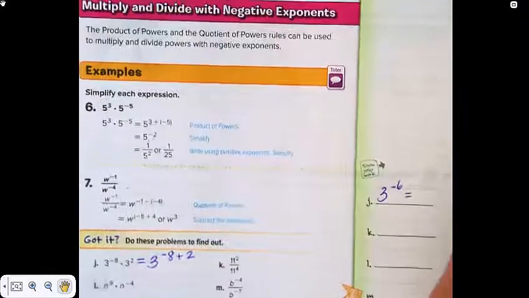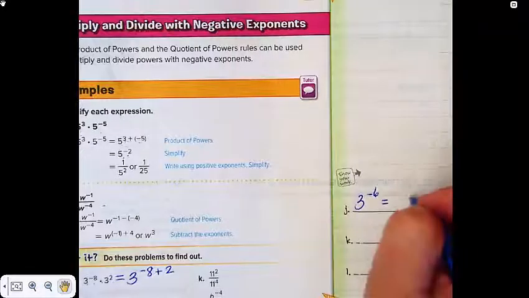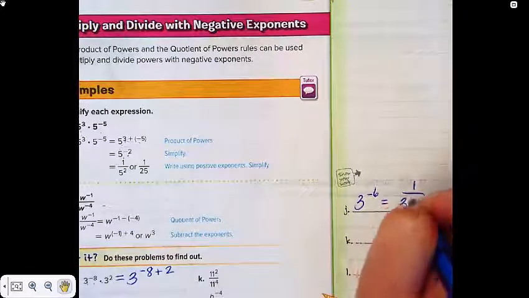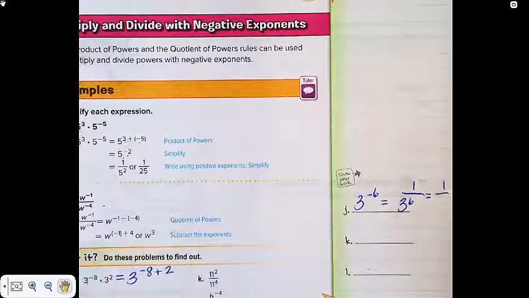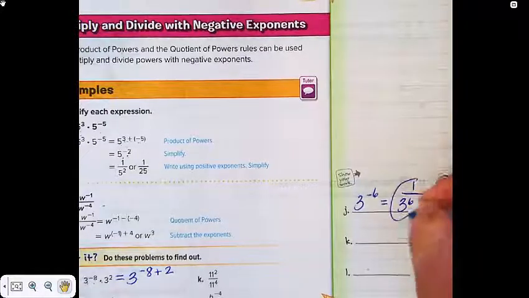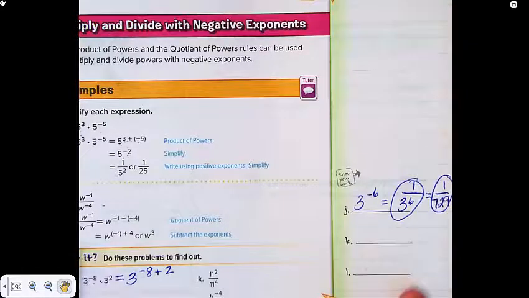I want to get rid of the negative on the exponent, so I have to turn it into a fraction of 1 over 3 to the 6th. If you want to go ahead and multiply that out, you can. If you want to leave it 1 over 3 to the 6th, we're okay with that too. So I end up with 1 over 729. Either form we will accept.